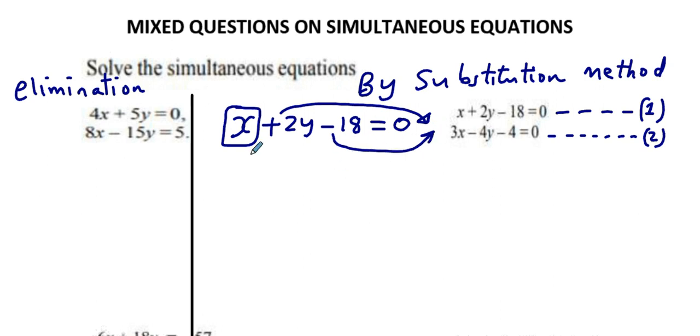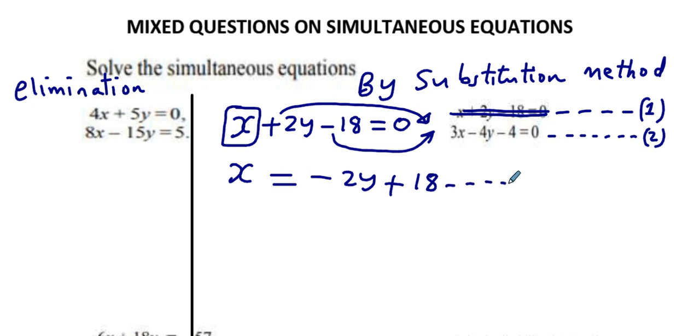So x equals negative 2y plus 18. Can you see that? So x is already the subject. I'm going to label this equation as my equation number 3.